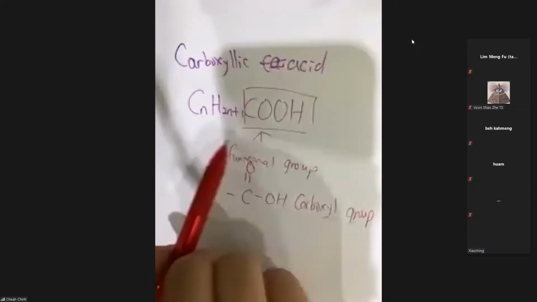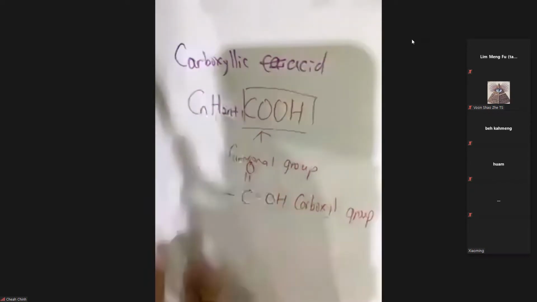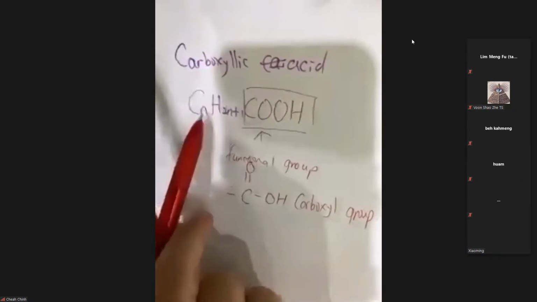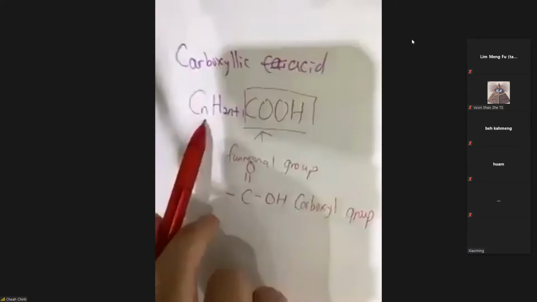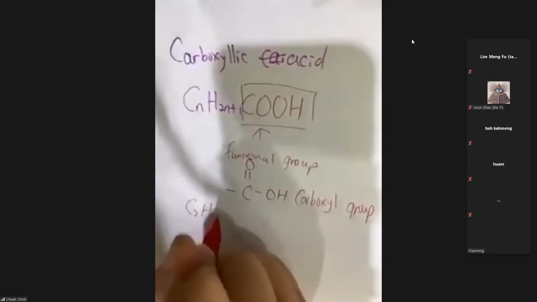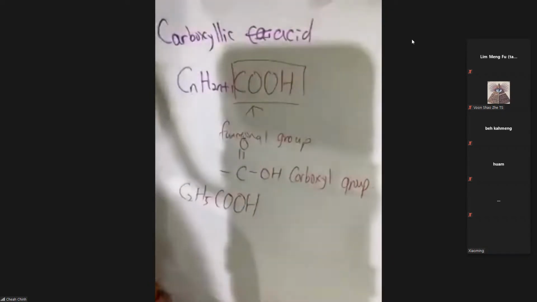Okay, so you can see 3 carbon atoms. When 3 carbon atoms, I take 3 minus 1. That means now n equals 2, so it becomes C2H5COOH.